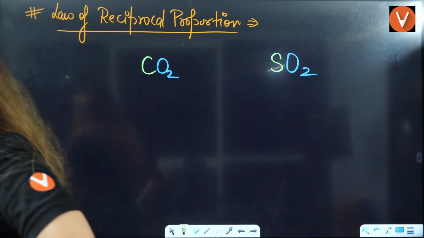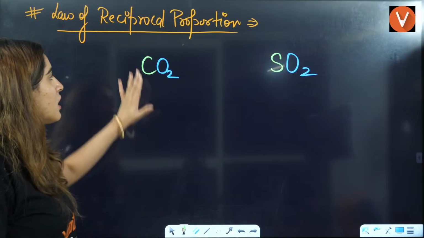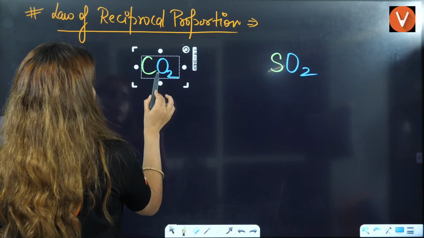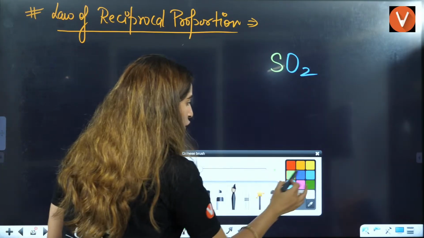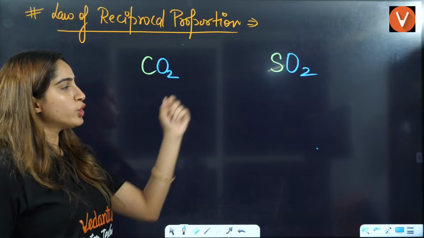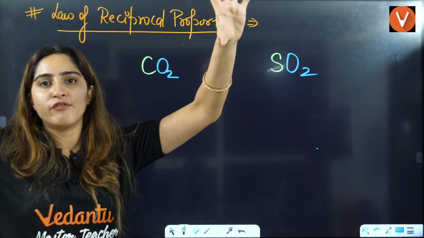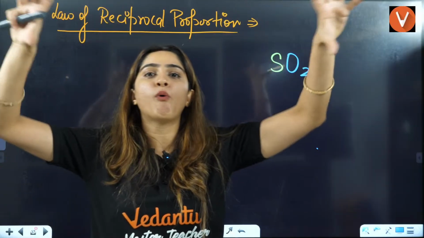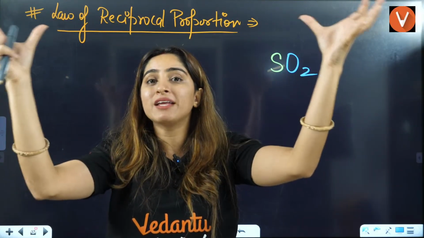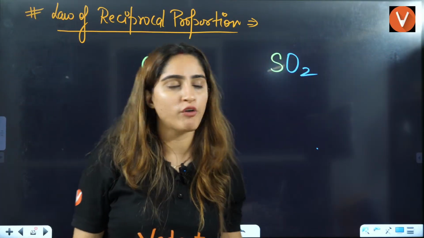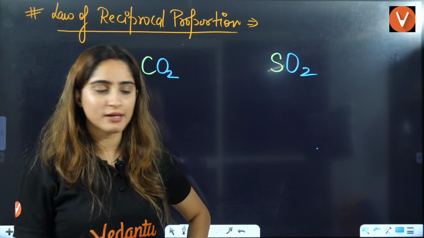Okay, just see this. What we are going to do. Firstly, let's do this. You have CO2, you have SO2. Two elements, you have carbon and sulfur. You are combining both the elements with an element that is same for both of them, oxygen and oxygen, right?